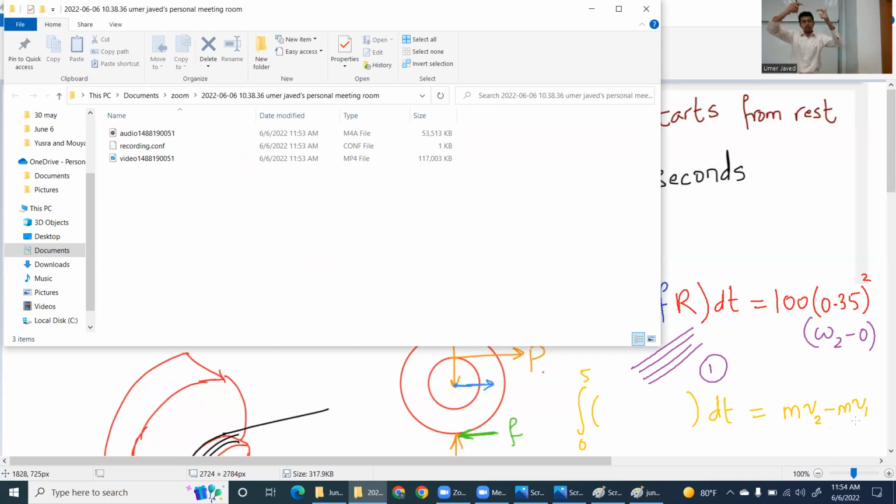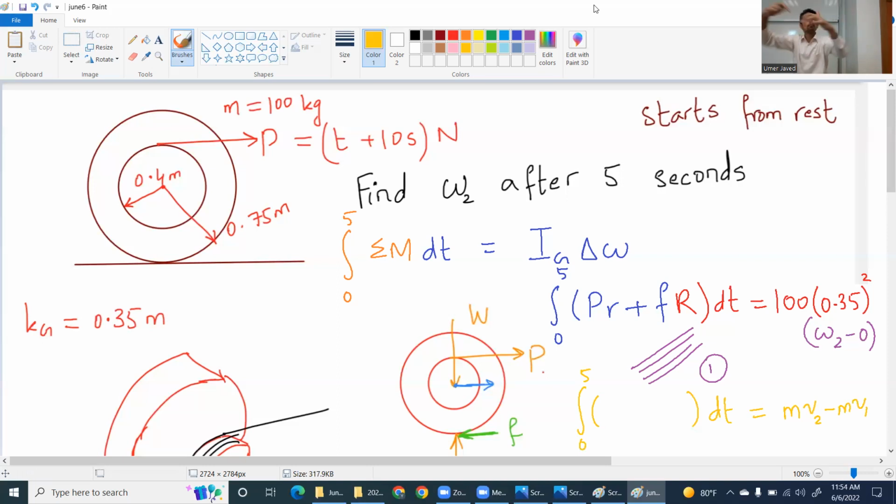Then integral M dt is equal to Ig delta omega. So it's like translation and rotation: F equal to ma, moment equal to I alpha. Integral F dt is equal to change in translational momentum. Integral M dt will be equal to I multiplied by change in omega. So it is P minus F, as one of the students told me, and this is 0.